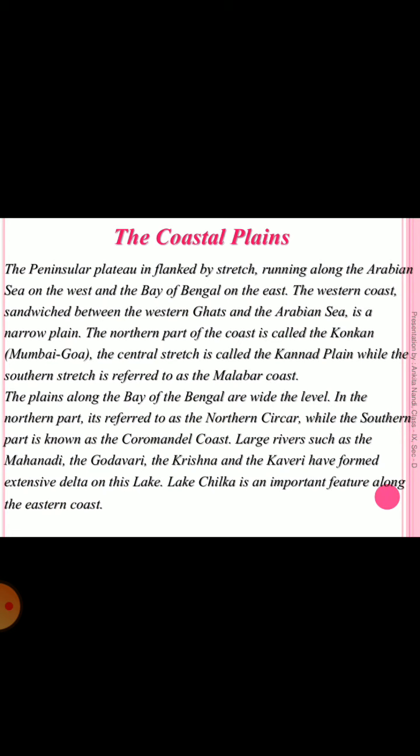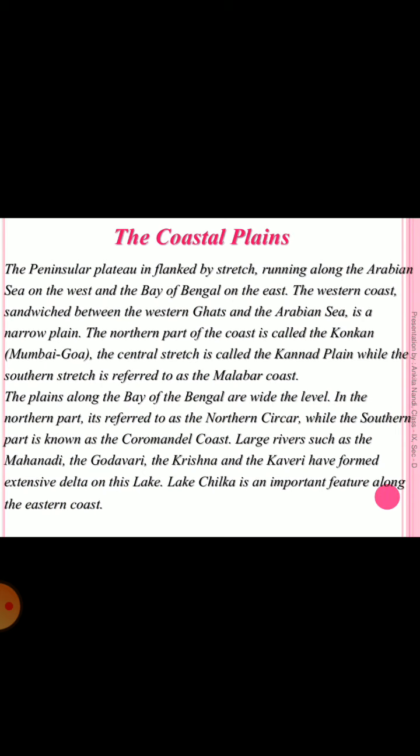Now the plains along the Bay of Bengal are wide and level. In the northern part, it is referred to as the northern Sircars, while the southern part is known as the Coromandel coast.